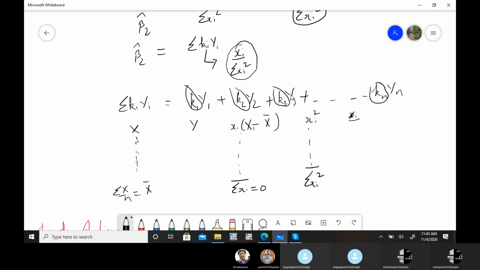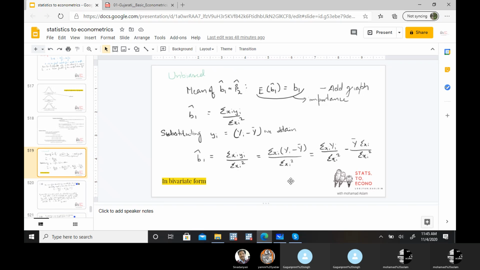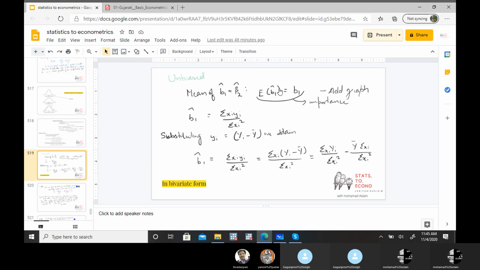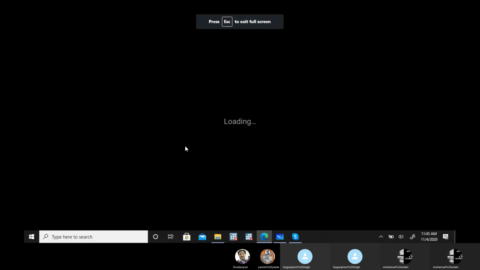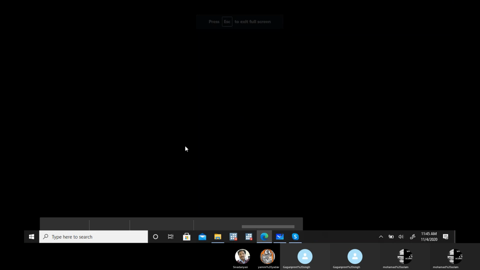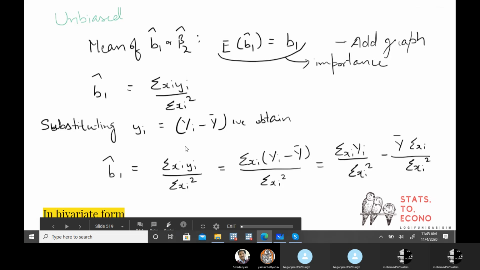That's the dependent variable. I hope you are getting this point, that this beta 1 hat, or if you are going with the Gujarati notation, beta 2 hat, is a function of y, the dependent variable, because we are saying in repeated sampling this x value is fixed.